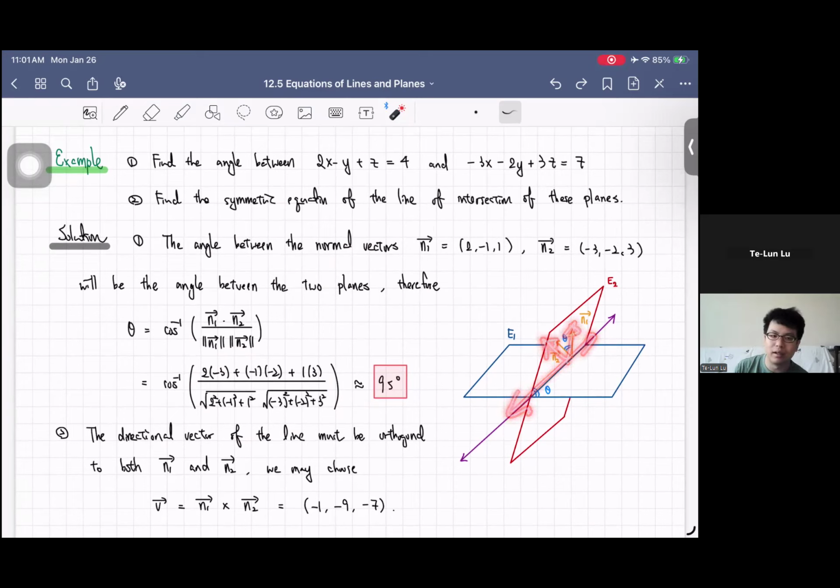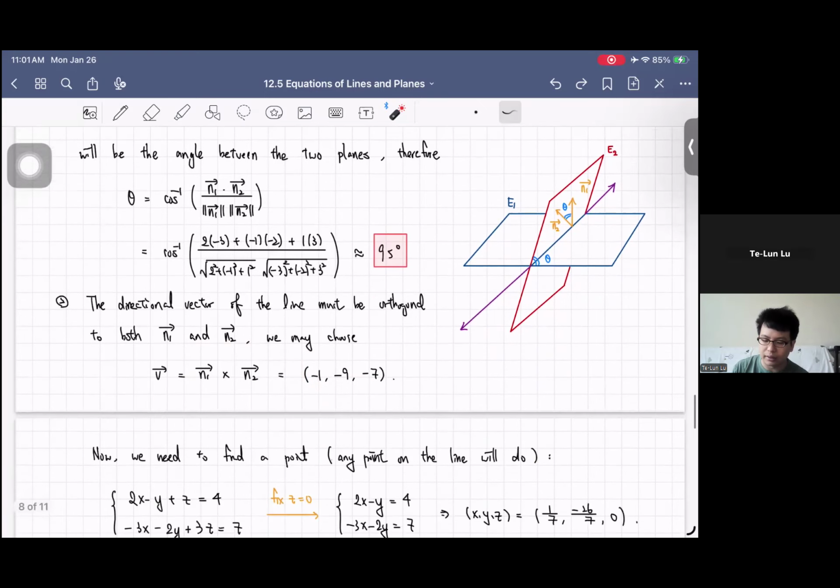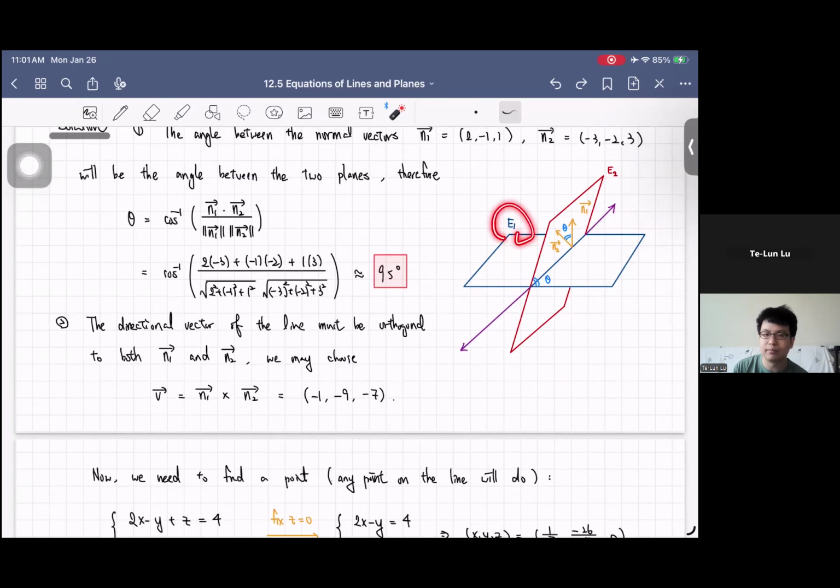So again, you can compute the directional vector by computing the cross product of n1 and n2, the two normal vectors, which gives you this vector. And so our last job is to find some point that lies on the line, which is a point that satisfies both equations E1 and E2.